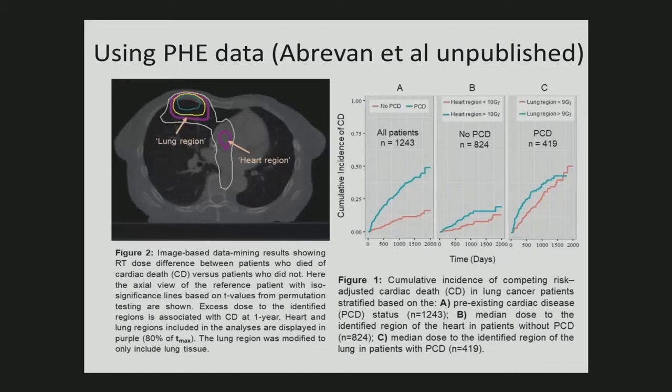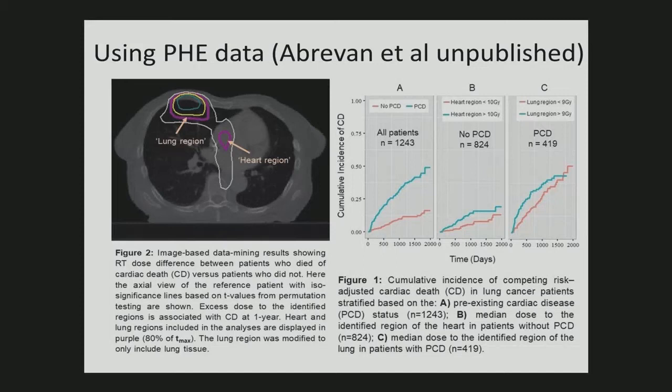And Azadeh Aberfan, a postdoc in my group, did the data mining. And basically she looked at the difference between patients that died of cardiac disease and of not cardiac disease, where the death certificate is not brilliant.